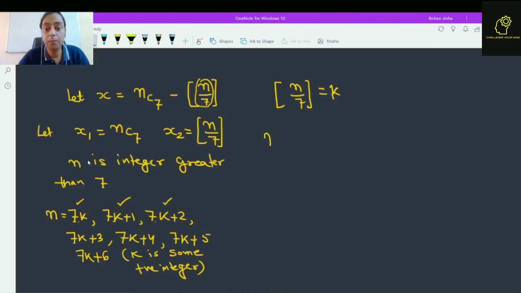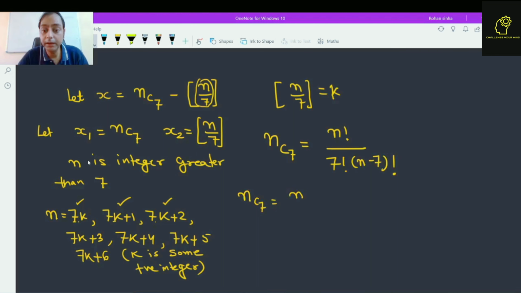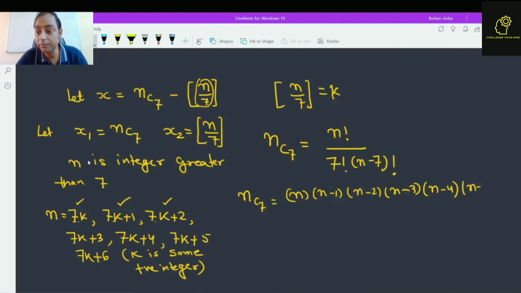Now, what is nC7? nC7 is nothing but n factorial over 7 factorial times n minus 7 factorial. If you further simplify, what you find? This nC7 is equal to n into n minus 1 into n minus 2, n minus 3, n minus 4, n minus 5 into n minus 6, whole divided by 7 factorial.